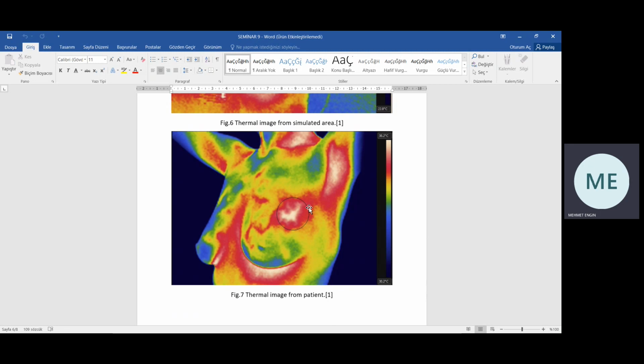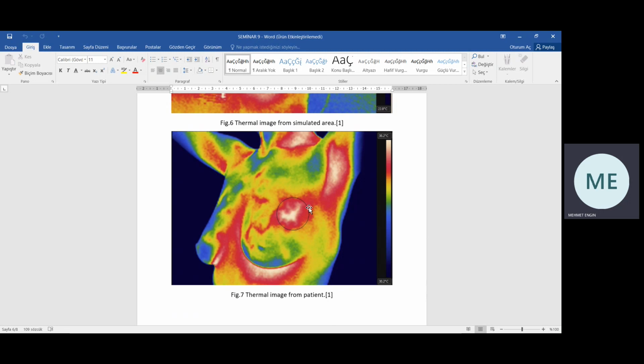And the temperature difference between tumor and healthy tissue was also found around 2 degrees Celsius. This doesn't mean that both patient and simulation thermal images have the same components, since the temperature gradient displayed is not only a function of tumor metabolic rate, but also the size of the tumor.